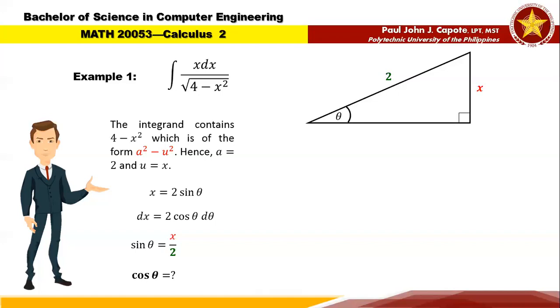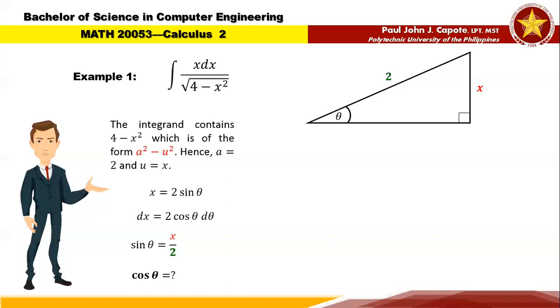Now, from trigonometry again, cosine theta is the ratio of adjacent over hypotenuse. Again, cosine theta is the ratio of the measure of adjacent over hypotenuse.